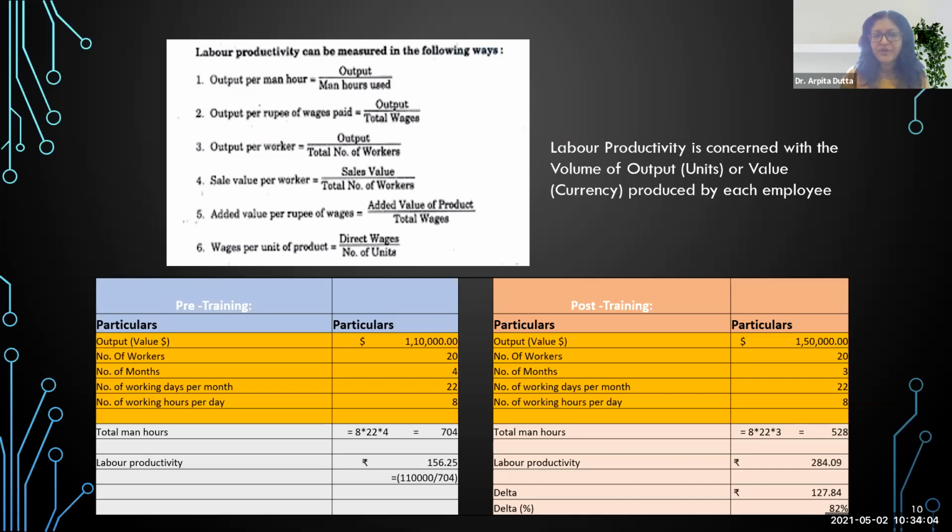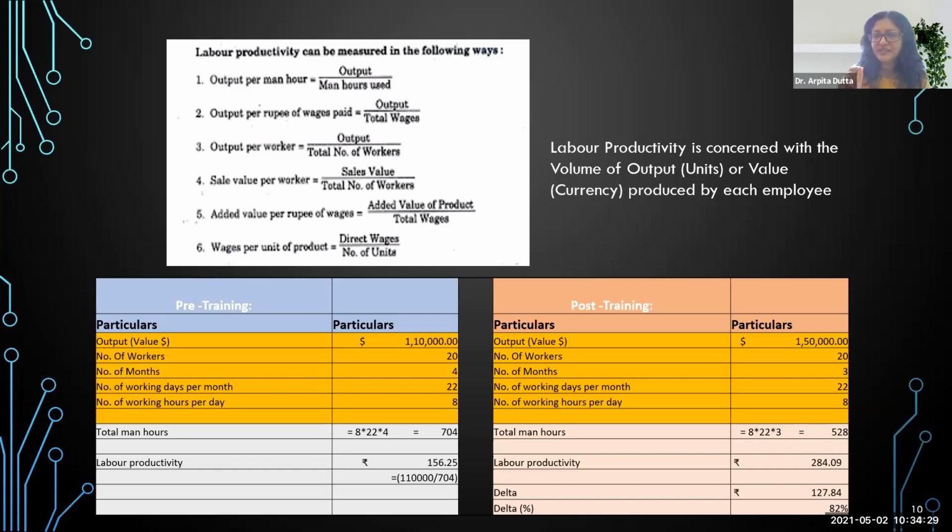So now we are trying to find out per person productivity. The formula here, if you see the top one, is output per man hour equals output. Here we are considering the value divided by man hours used, 704. So what is the total value?